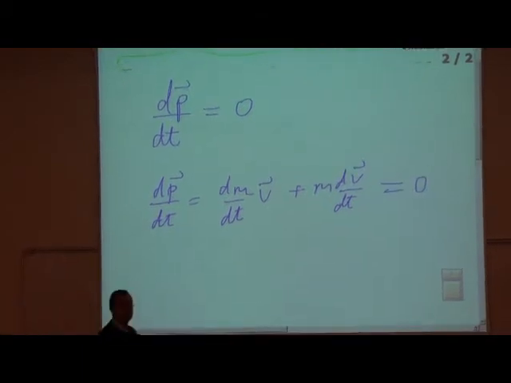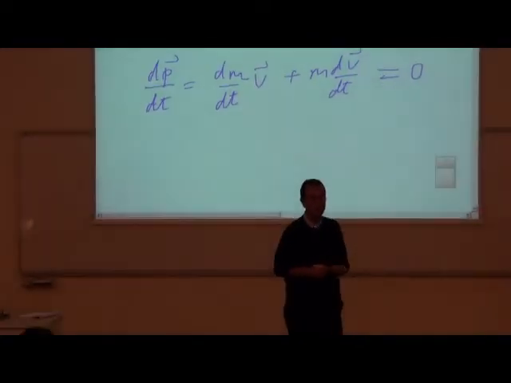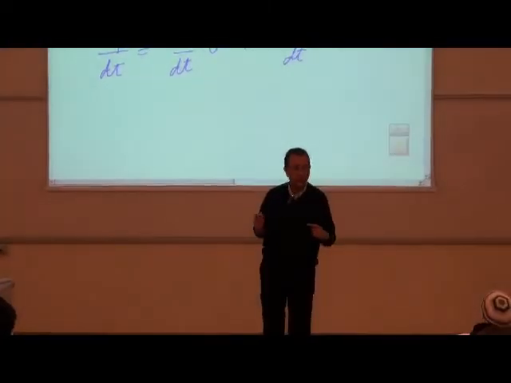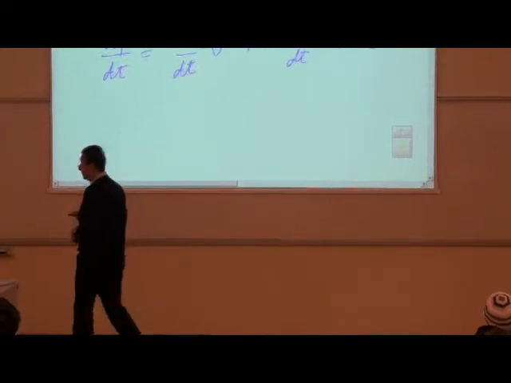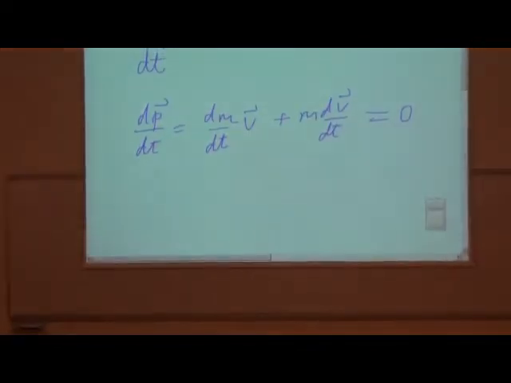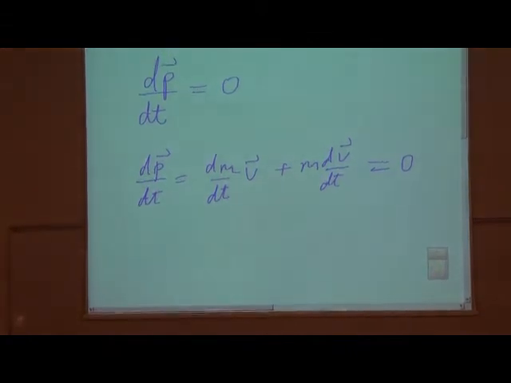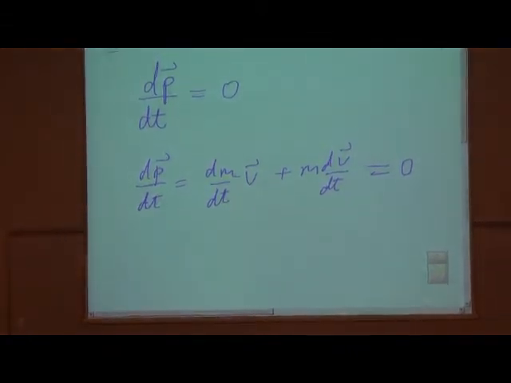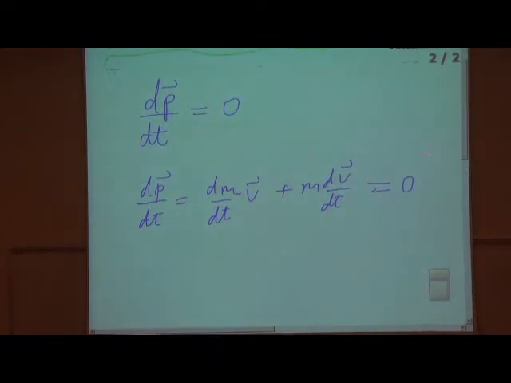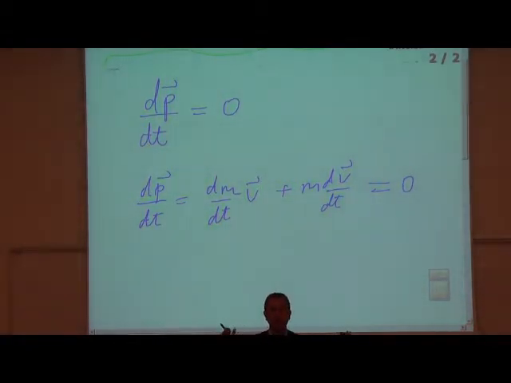So, Newton's first law says the momentum remains constant, and what that means is the total change of momentum, which could be because the mass is changing or the velocity is changing, this must equal 0. Not always, but in those situations where your body is really free, when there are no interactions, no forces acting on this body. Okay?